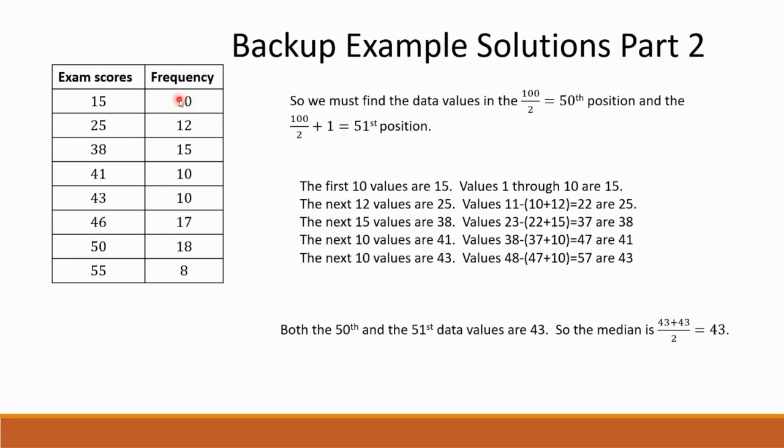The first 10 all equal 15, right? Okay, that's good. The next 12 equal 25. But what are the next 12? Well, it's 11, 12, up to 10 plus 12, which is 22. I probably should have written that out, but hopefully everyone understands what I mean. So those data values all equal 25.